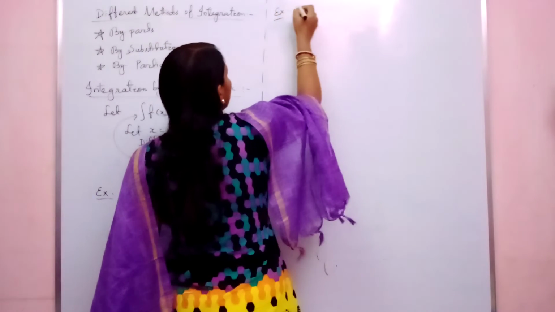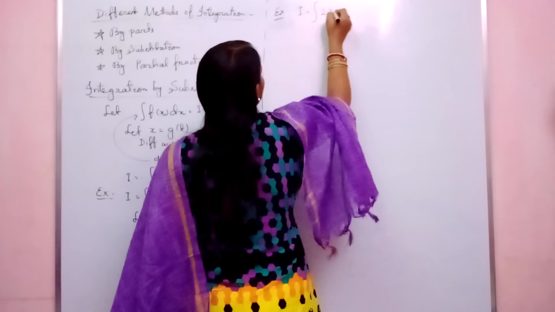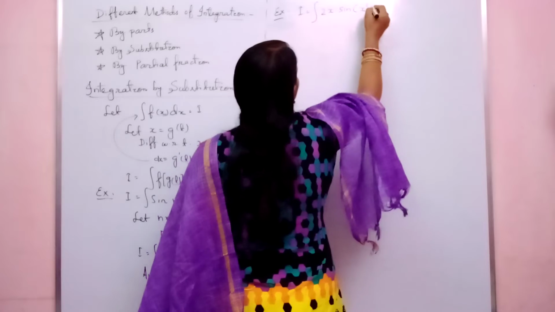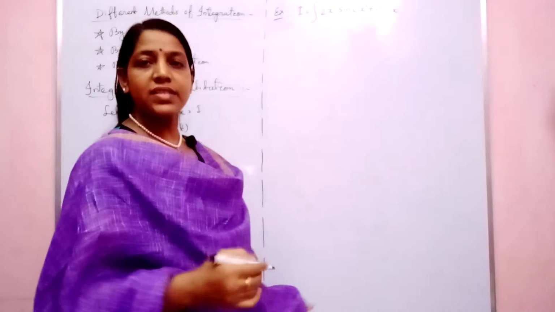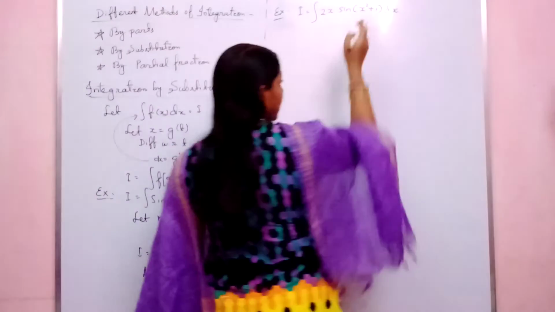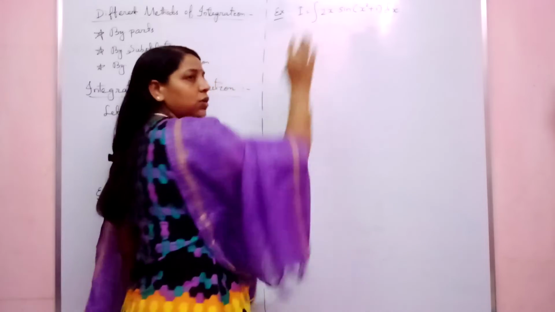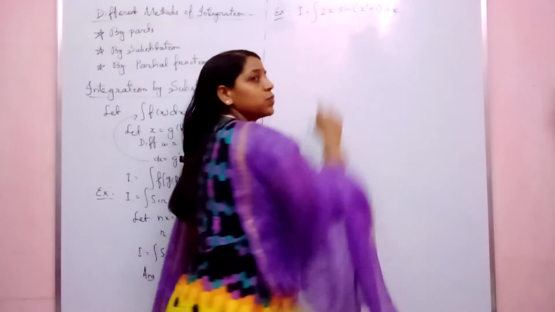Now let us see with another example. For example, they have given find integration of 2x sin x square plus 1 dx. So with respect to x, they are expecting from you. So in such case, what you have to do? See, if you take x square as t, your differentiation will be 2x. Fine. But you have to do for sin t plus 1.